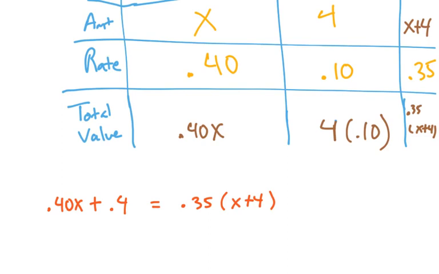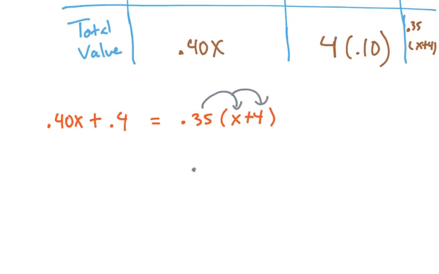So the next move is to distribute. So I'll distribute this 0.35 into both of these. 0.35x plus, and then we're going to do 4 times 0.35, which is 1.4, equals 0.40x.